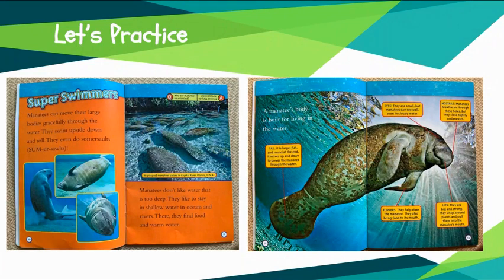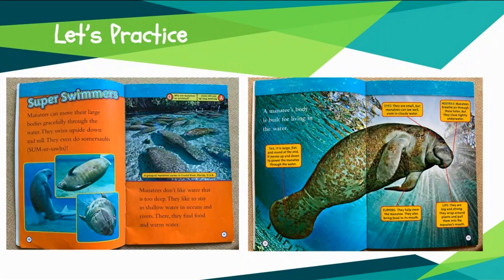It says, Super Swimmers. Manatees can move their large bodies gracefully through the water. They swim upside down and roll. They even do somersaults. Manatees don't like water that is too deep. They like to stay in shallow water in oceans and rivers. There, they find food and warm water. A manatee's body is built for living in the water.